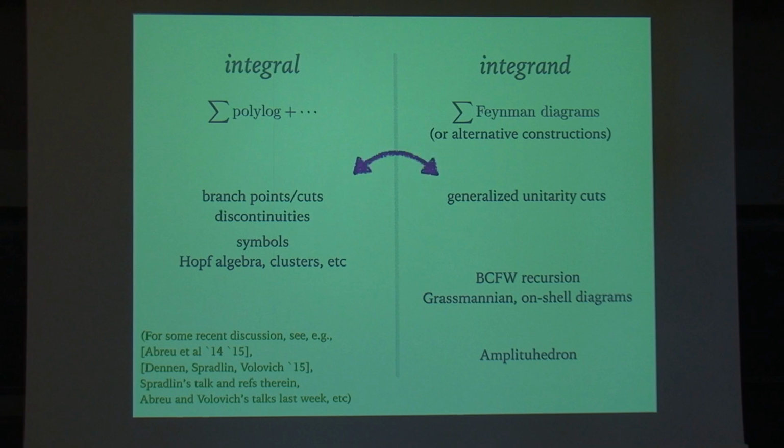For this talk, what I'm going to look at is the branch points and branch cuts, and in general discontinuity structures and the symbols that might arise in a given integral. And it may also be interesting to get a better understanding of how the two sides are related.